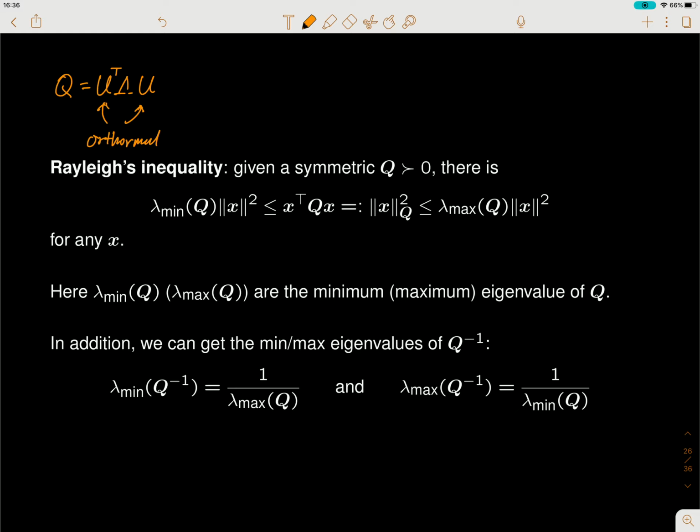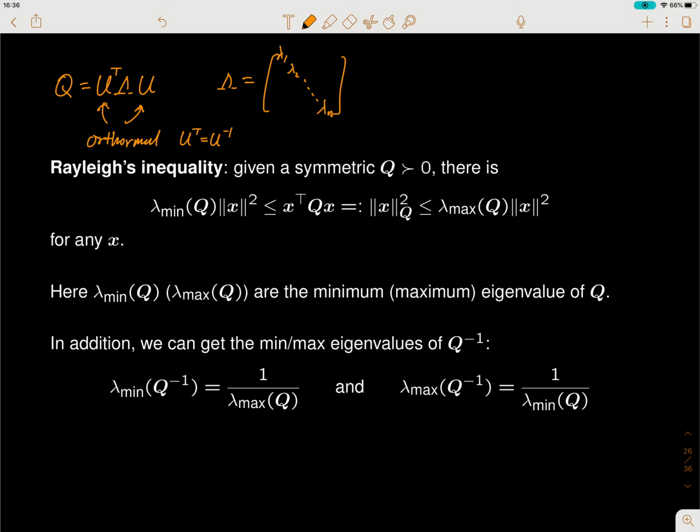U transpose is just the transpose of U, which is also the inverse. Okay, so U transpose equals U inverse. And the lambda is a diagonal matrix with the eigenvalues of Q on the diagonal. It's like lambda 1, lambda 2, all the way to lambda n.